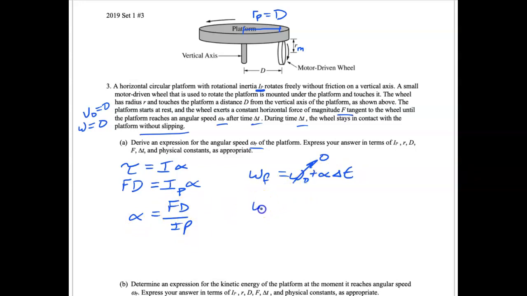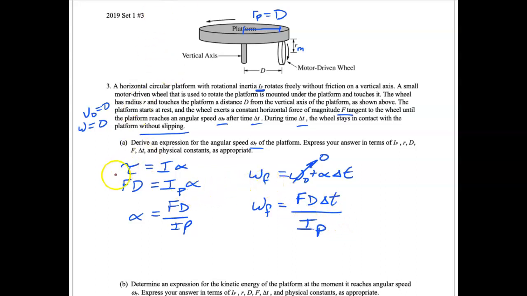So we'll rewrite this. And so we've got the final angular speed is equal to the FD. Now FD came from alpha. And we have to multiply that times delta t. And then we're going to divide that by IP. So this is IP. Now we have the correct stuff.